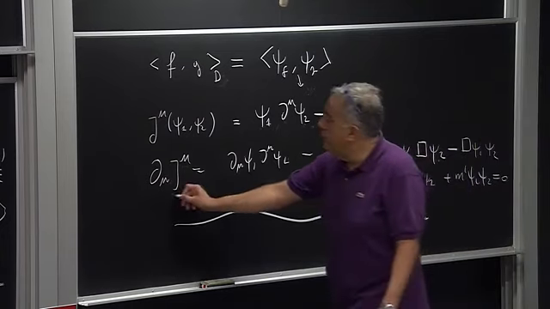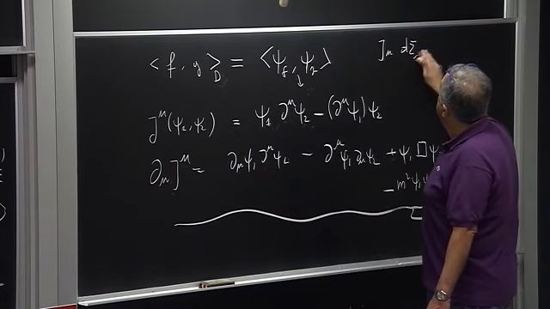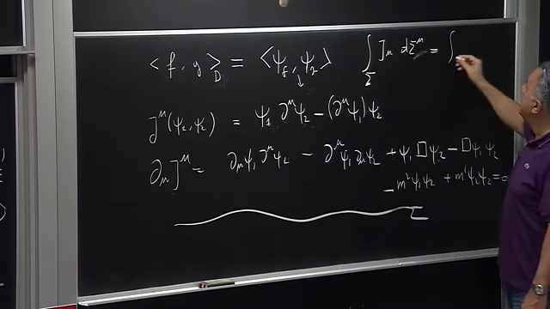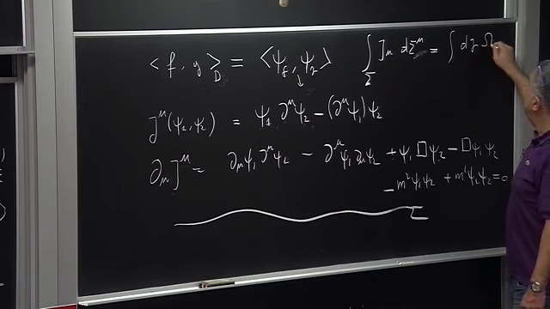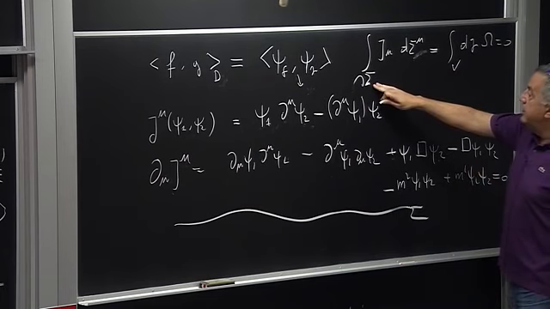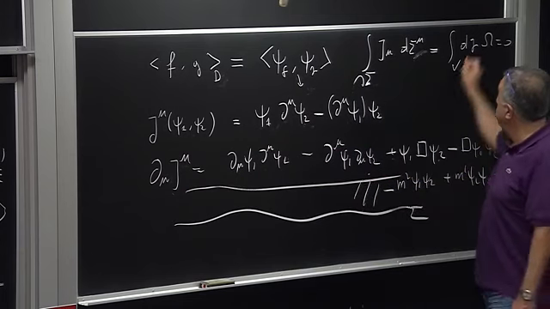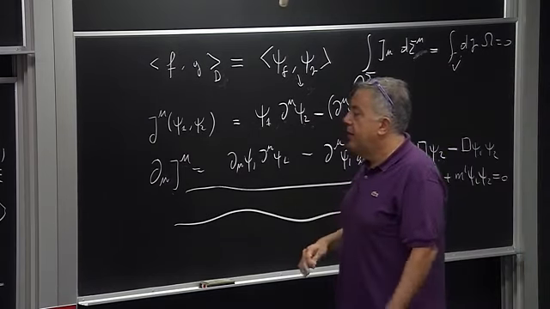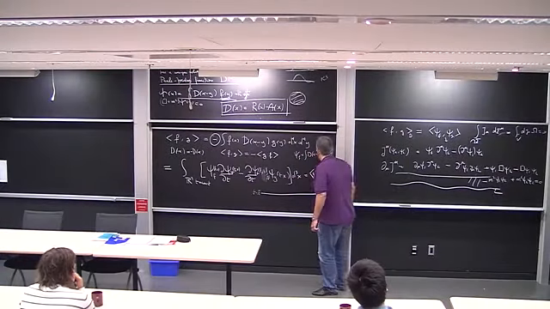You integrate G mu over d sigma mu, and this does not depend on the surface because of the Stokes theorem, because here you have the integral on the boundary, and here you have the integral on the volume. So this form can be integrated over every Cauchy surface. So this is a conserved current we are integrating. This is the first statement.